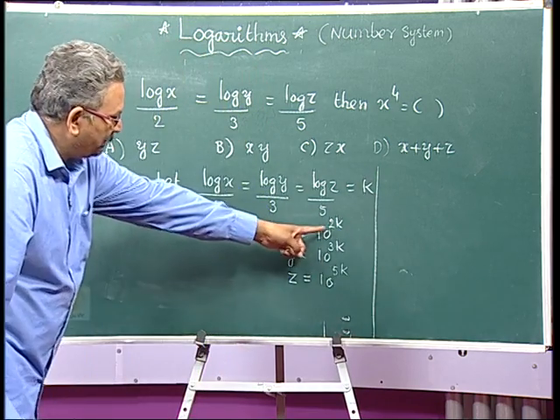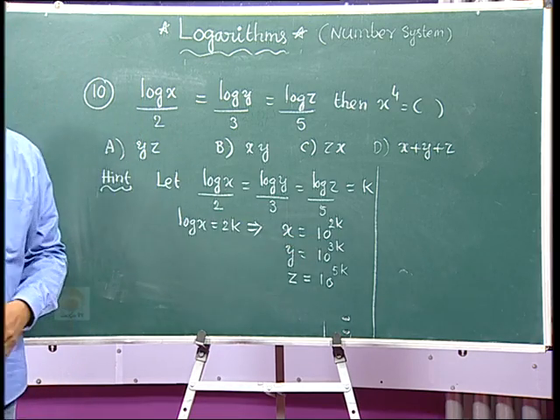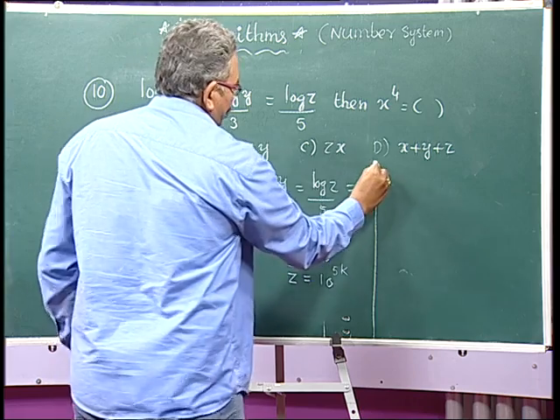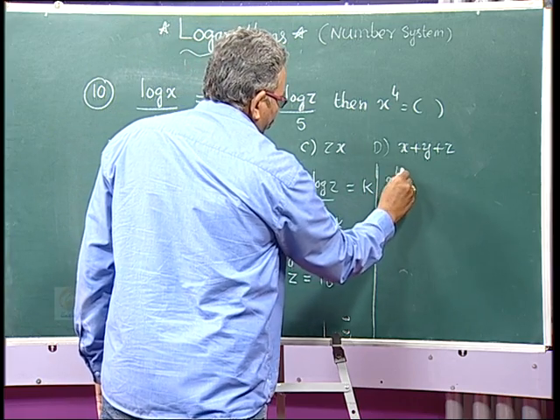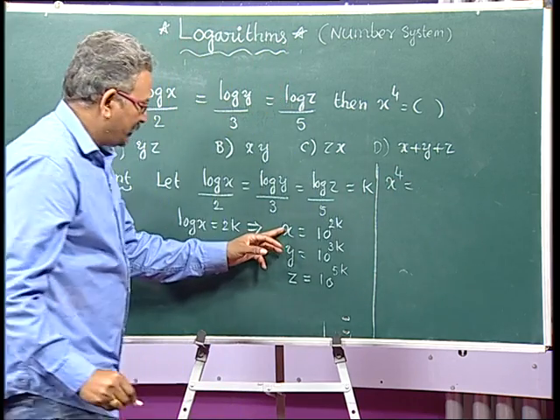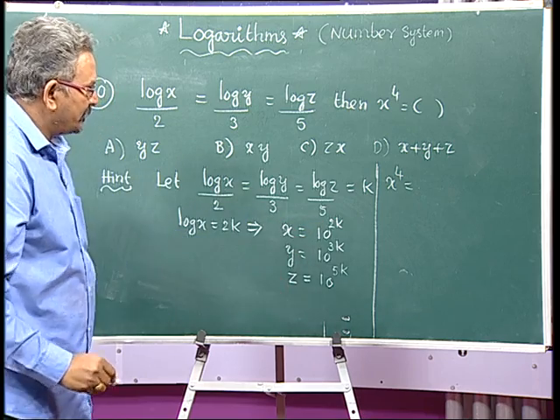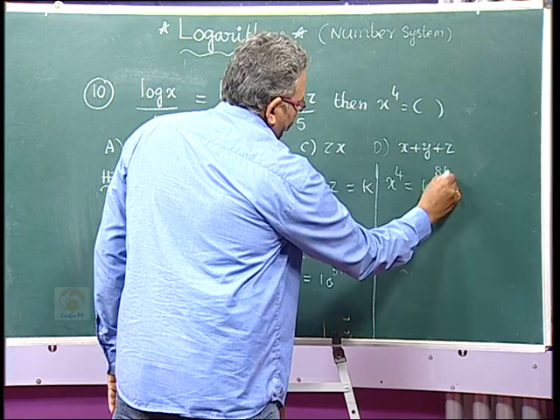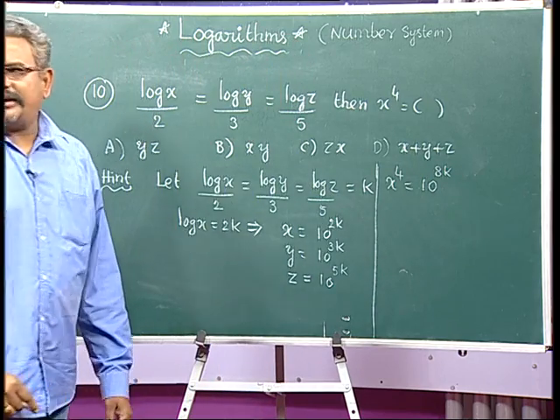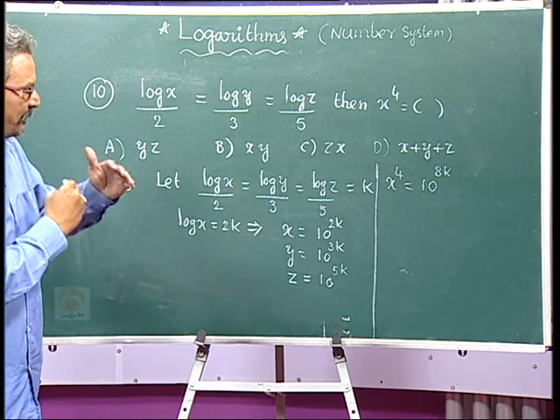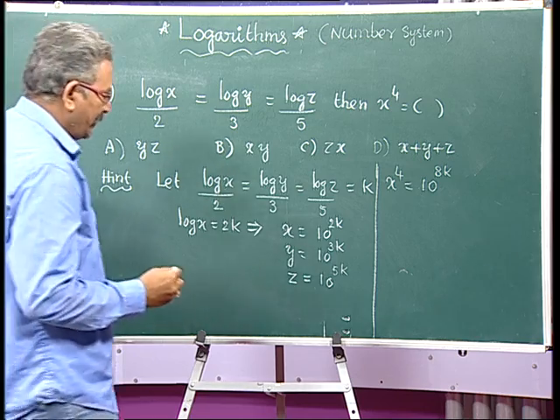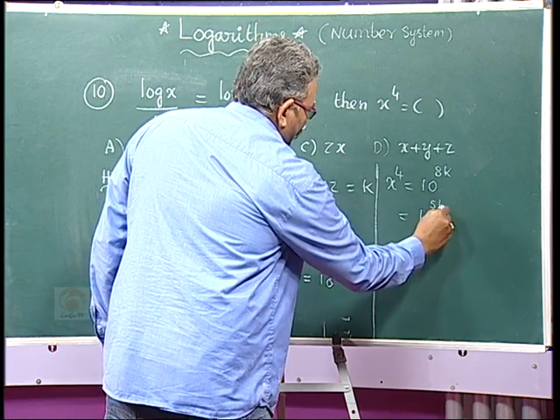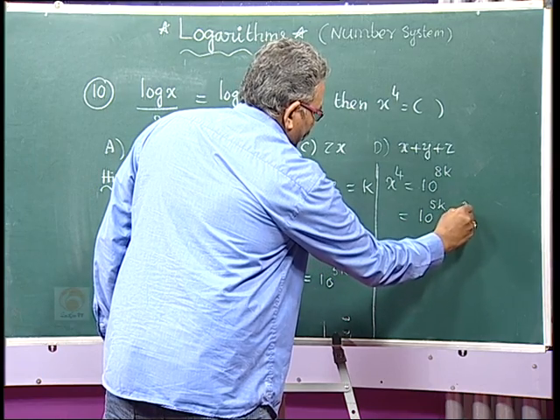If you multiply these two, let us see what you get. Otherwise, you can do one thing. Here x to the power of 4 is already there. X to the power of 4 means x raised to 4 on both sides. This becomes 10 power 8k. Am I correct? This 10 power 8k can be written as 10 power 5k multiplied by 10 power 3k.